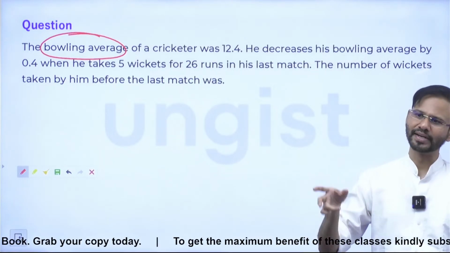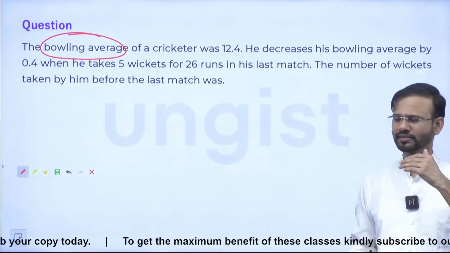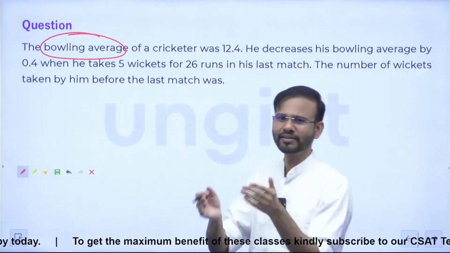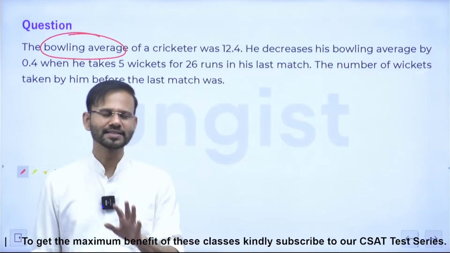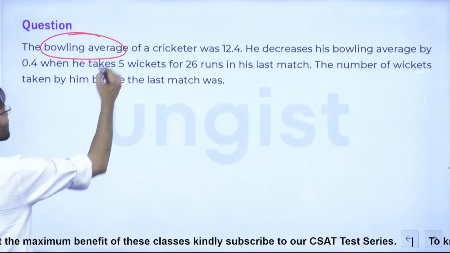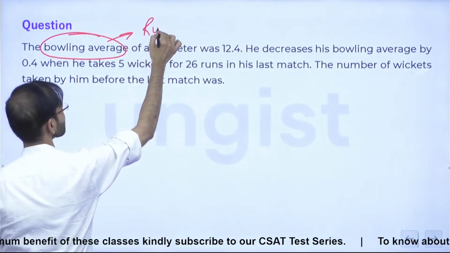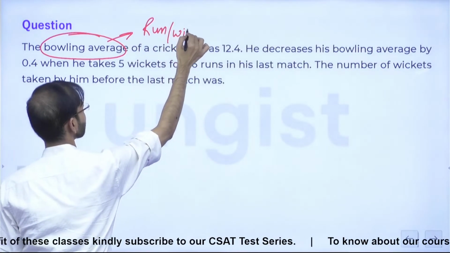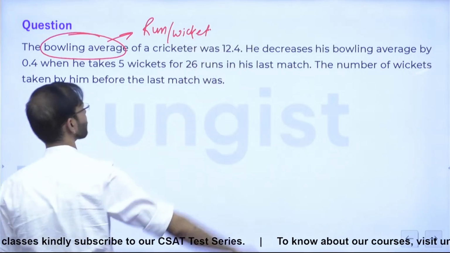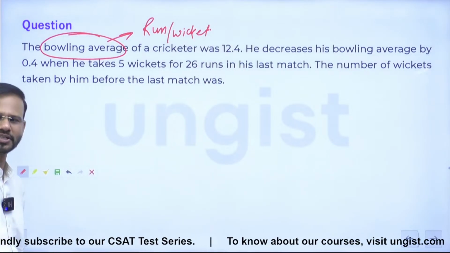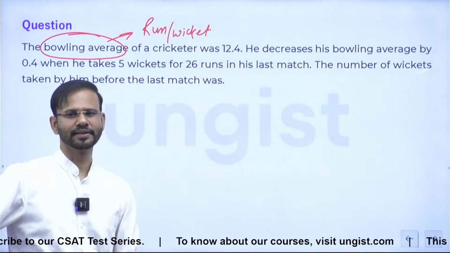Runs per wicket: the number of runs given divided by the number of wickets taken. Guys, clear? The bowling average is runs given divided by number of wickets taken.